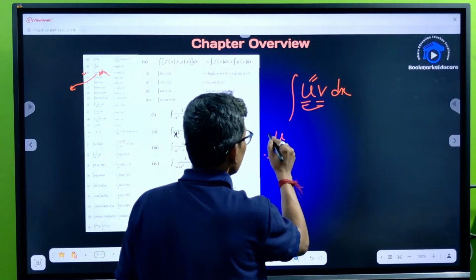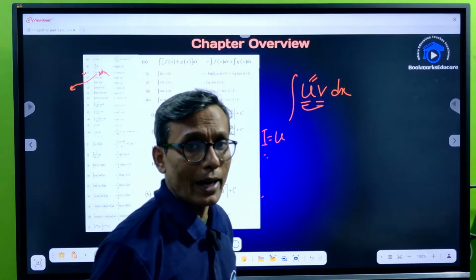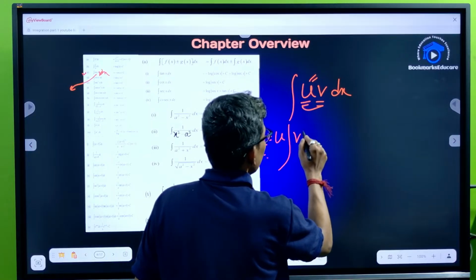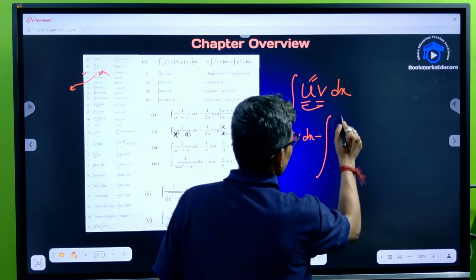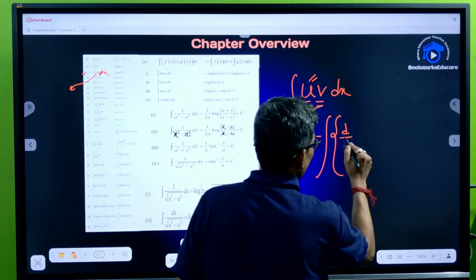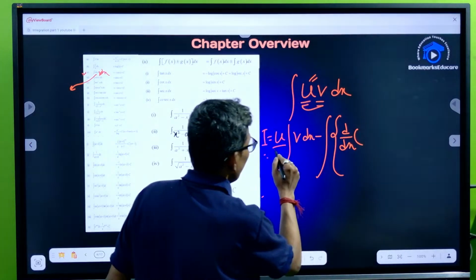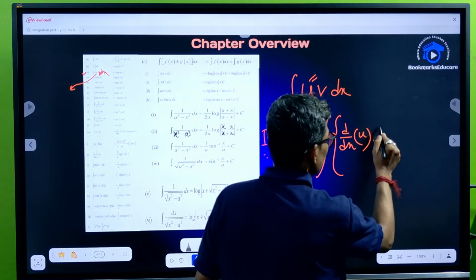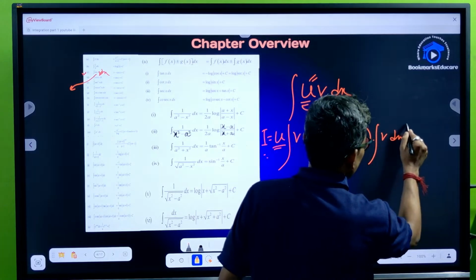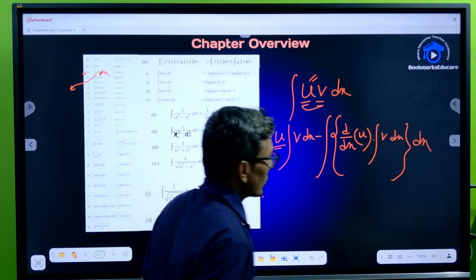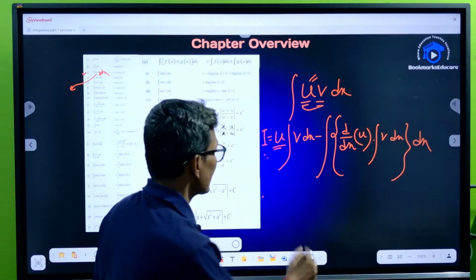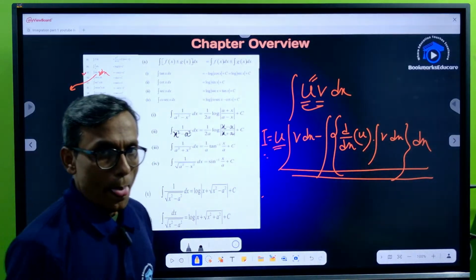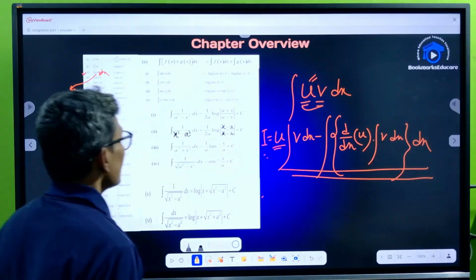So the integral of u into v dx is u times the integral of v dx, minus the integral of the derivative d/dx of u, the first function, into the integral of v dx, with respect to x. So this is the formula of the method of by parts.